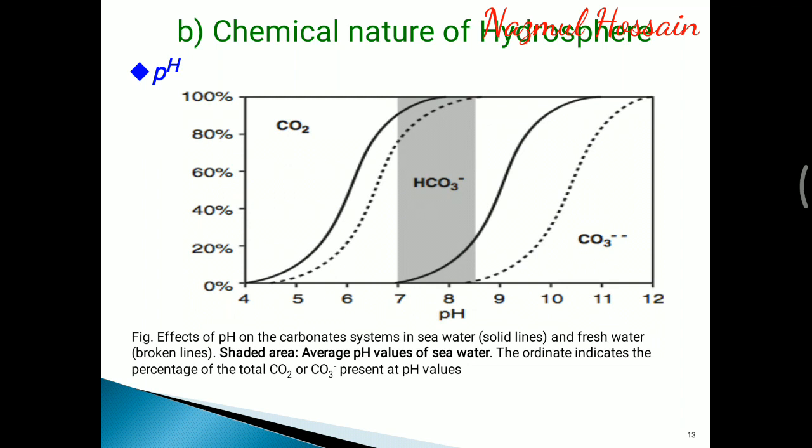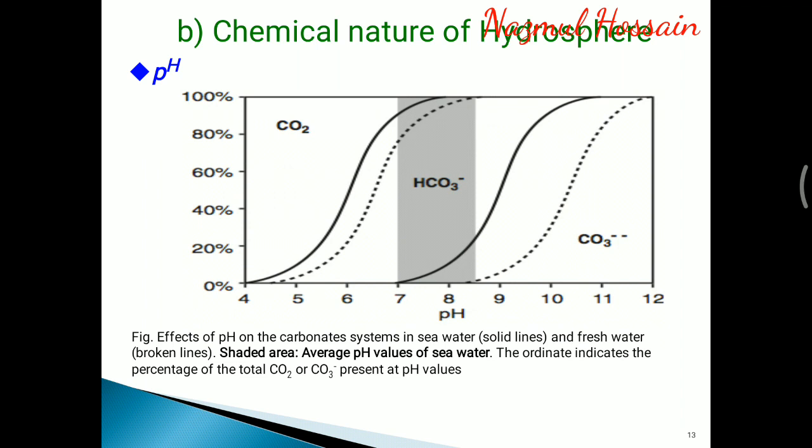Now pH. From the figure, the effect of pH on the carbonate system is shown, with seawater indicated by solid lines and fresh water by broken lines. The shaded area is the average pH value of seawater.